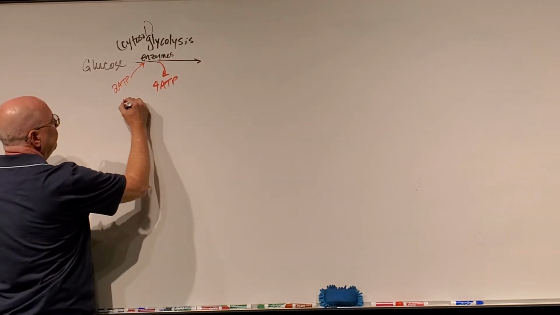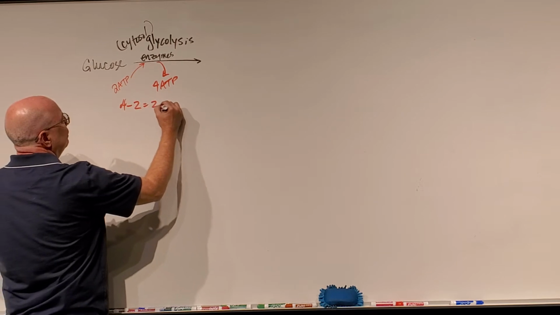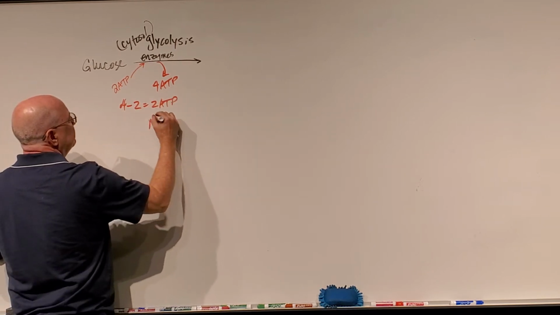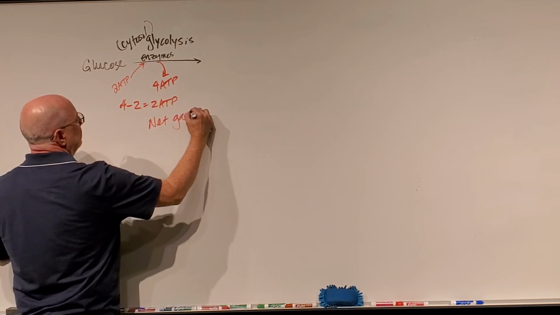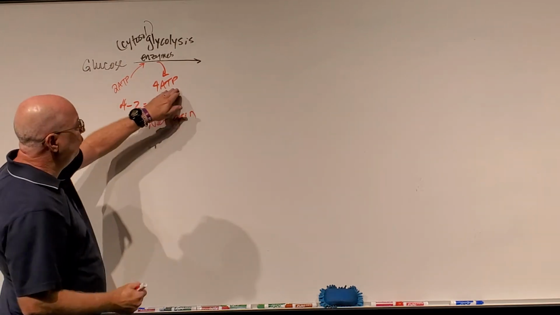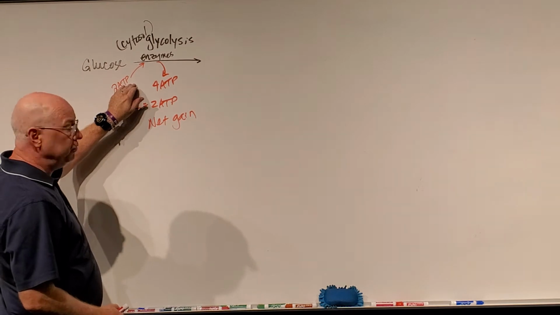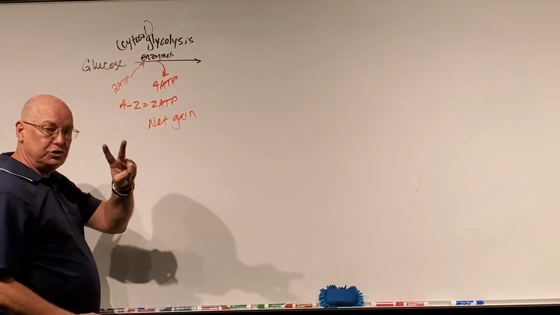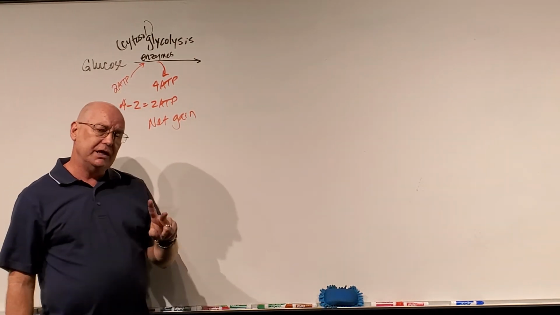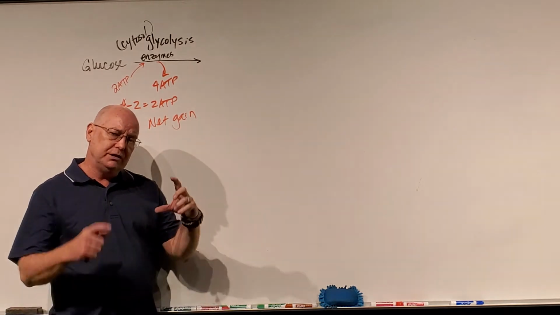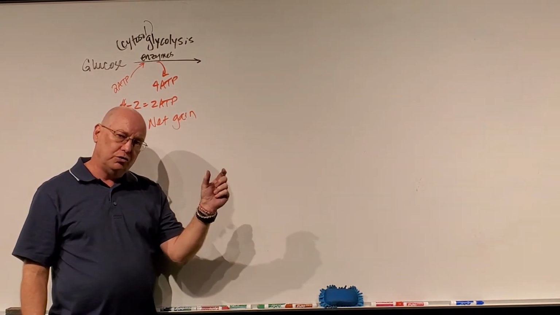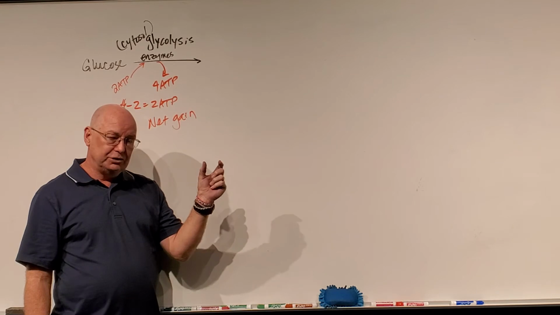And if you do the math, 4 minus 2 is going to give us 2 ATP as a net gain. We grossed 4. But when I take away the 2 it took to get it to go, I get a net gain of 2 ATP. If you don't understand net and gross, next time you get a paycheck, look at your gross pay, and that's how much you made.